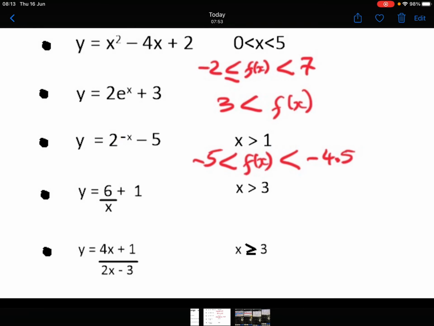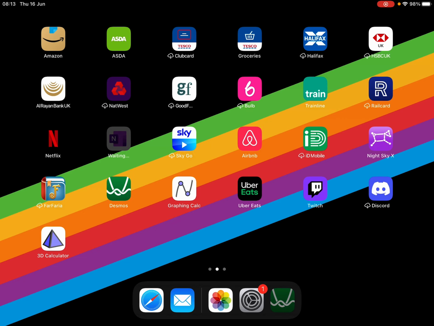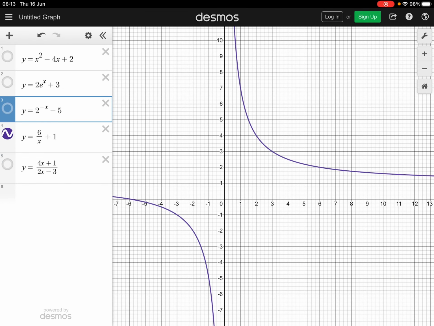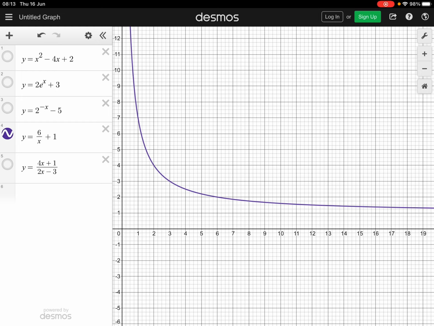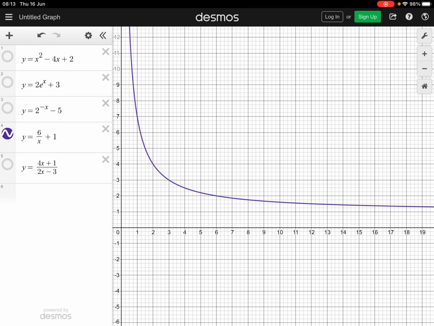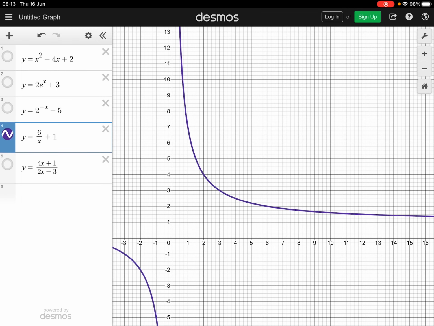Next example, 6 over x plus 1. And we're looking in the domain where x is greater than 3 here. So I'm only looking for where x is greater than 3. That's why I'm ignoring all those negative coordinates. I'm ignoring these coordinates here where x is less than 3.